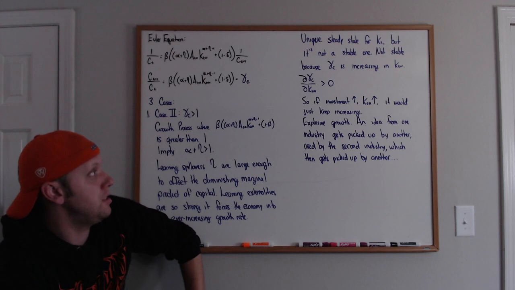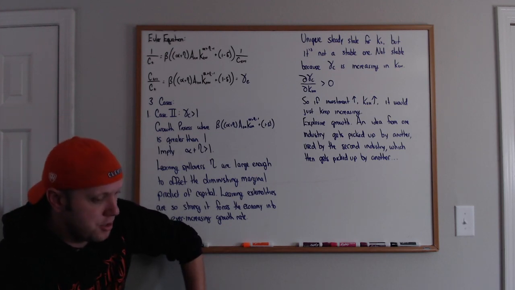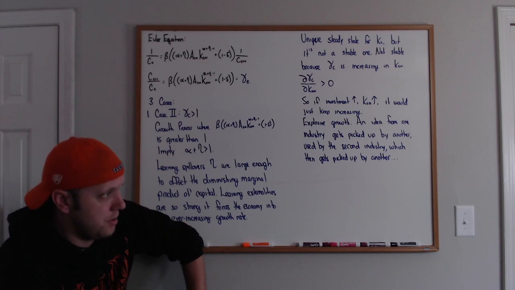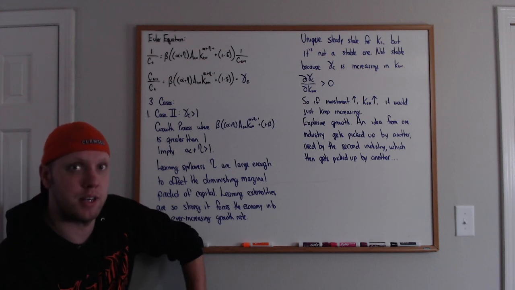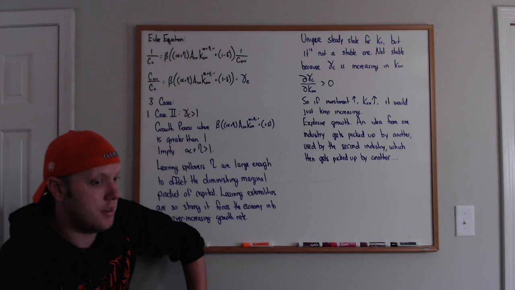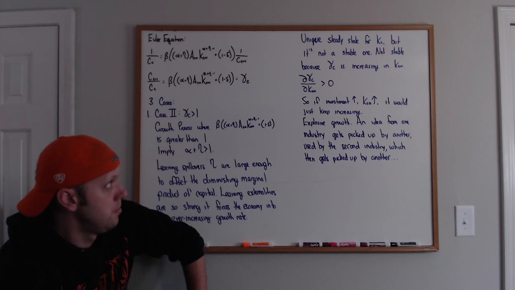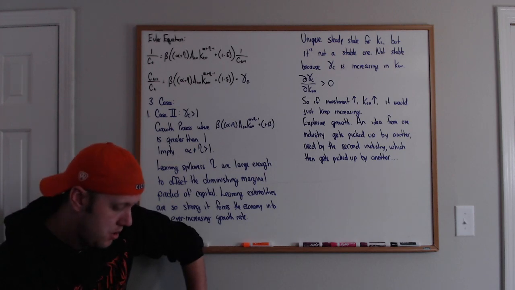Therefore, we end up in a situation where we have explosive growth, because as every industry starts to incorporate this, people are like, oh, wow, okay, cool. There's something to be had here. I want to invest in that, right? So they'll invest in that, and booming industries come up and you get explosive growth. So that would be the case where this thing is larger than 1.